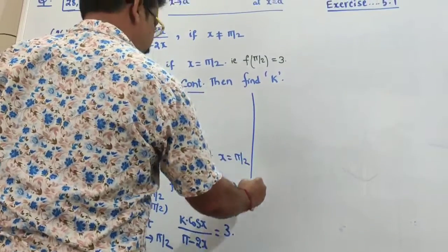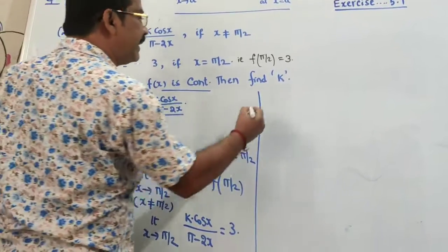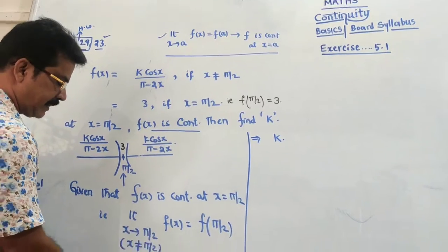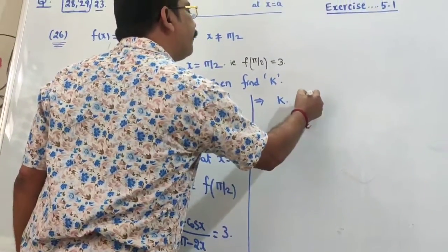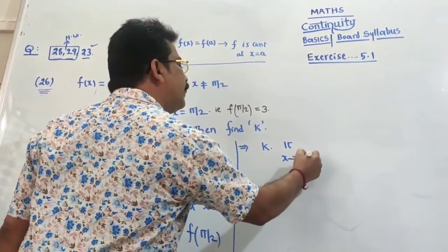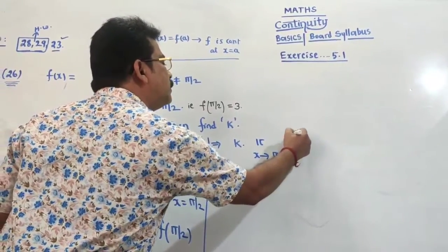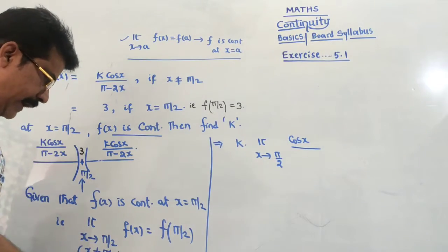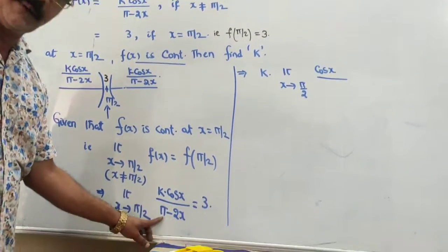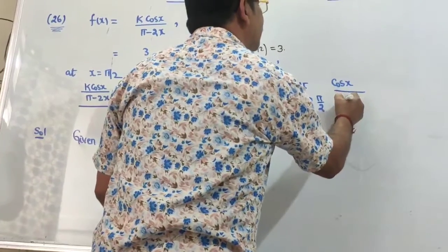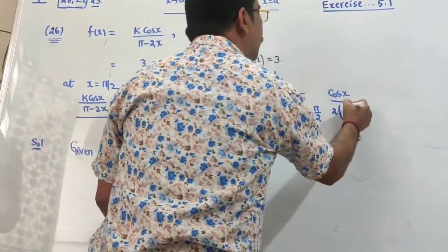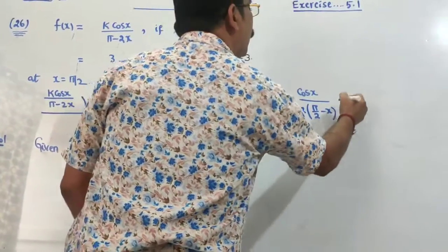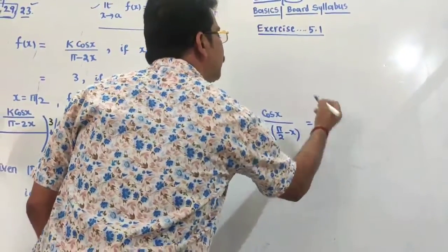Therefore, k is a pure constant with respect to x. Limit x tends to pi by 2, cos x divided by pi minus 2x. Let us take 2 common here for our convenience: 2 into pi by 2 minus x, so it is equal to 3.